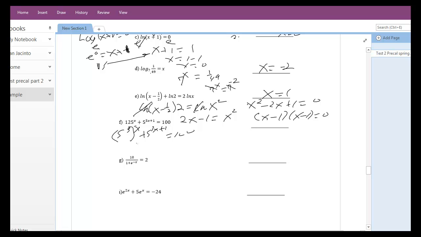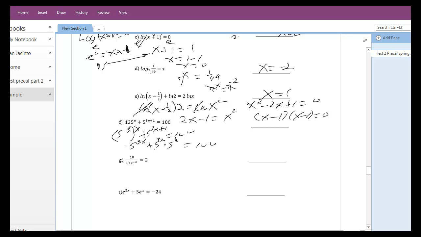Now I get to write this as 5 cubed x plus 5 cubed x times 5 to the 1 equals 100, because that plus 1 means I got a 5 to the 3x times 5 to the 1. Base times base, add the exponents.